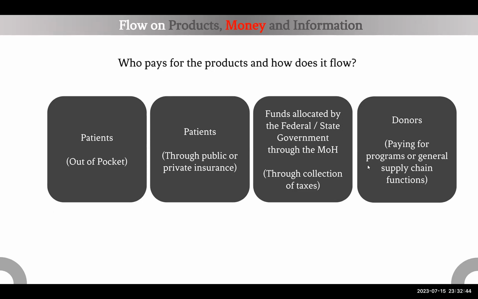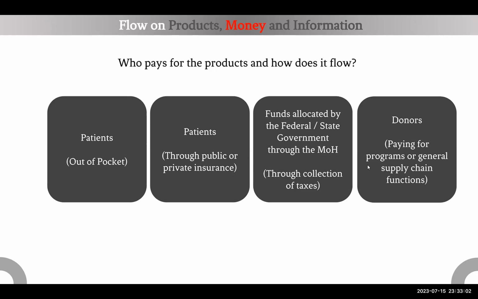And then finally, there are donors. There are many donors globally who pay for certain programs and the supply chain of those products. For example, the Global Fund pays for purchasing and supply chain of HIV, TB, and malaria.